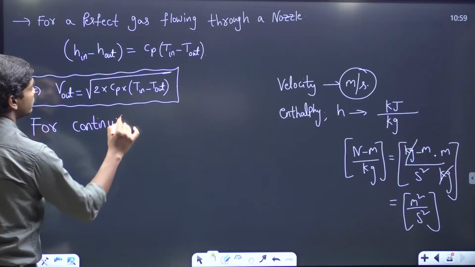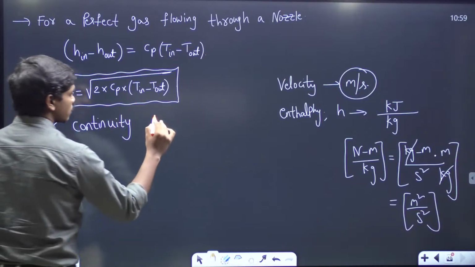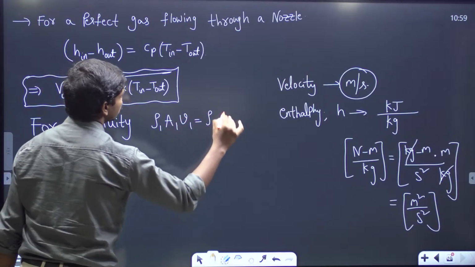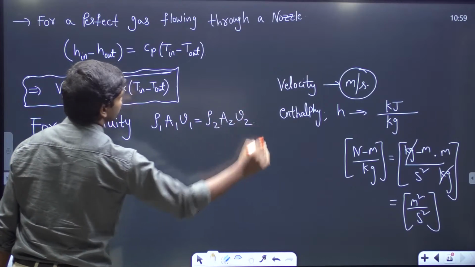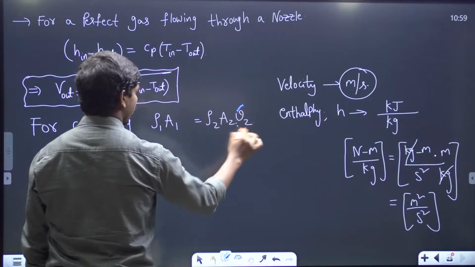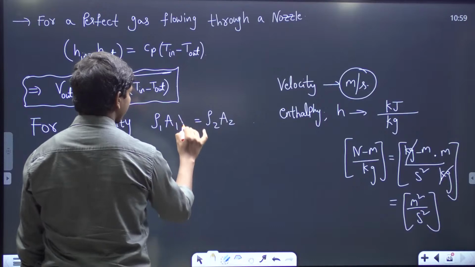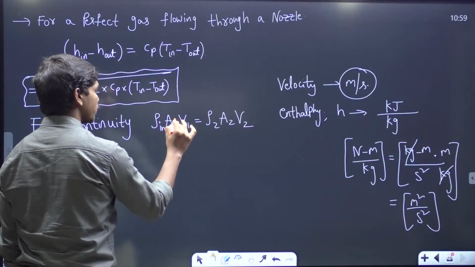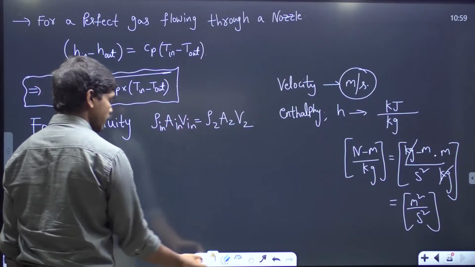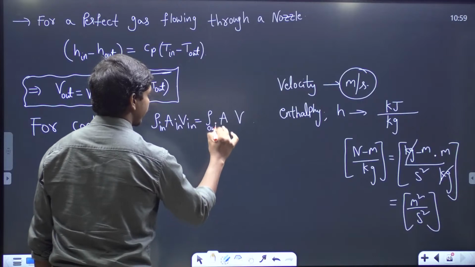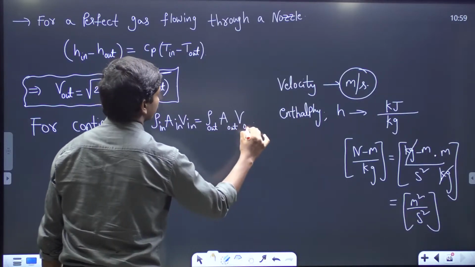For continuity, ρ1 A1 V1 is equal to ρ2 A2 V2, where these are velocities. Or you can write in, A in and V in equal to out, A out and V out.